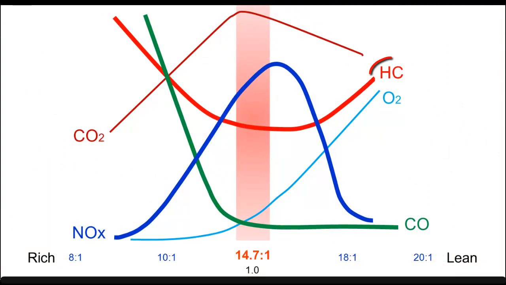Hydrocarbons 130 parts per million. Carbon monoxide is low at 0.379%. NOx production might be high at the engine, but the catalytic converter is holding the tailpipe readings at 0 parts per million.